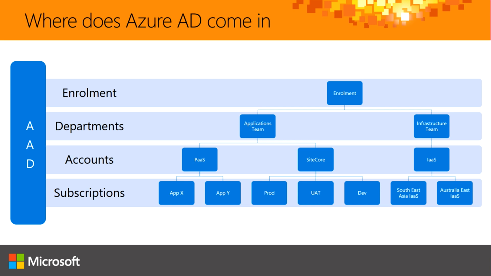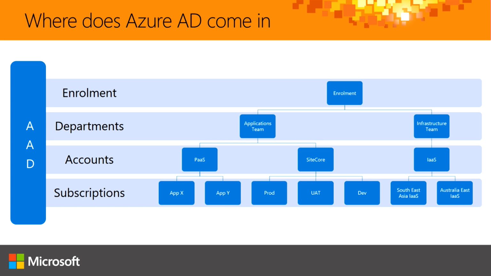Okay, so where does Azure AD come in? I think, thankfully, Brad nailed this in the keynote this morning, so I won't need to speak to it as much. But essentially, you've had Windows Server AD on premises for years, you've used it as your identity provider for years, and you're defining your own password policies, a whole heap of security policies that you want to extend out to the cloud.